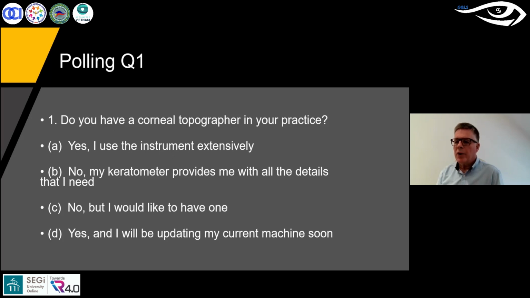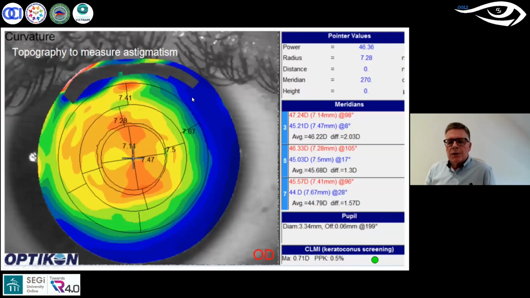But I think when we're talking today, we're talking very much about the sort of entry-level type instrumentation. That's fantastic. Okay. So we'll move on now. We'll go on to, so this is a more detailed look at Ros's topography.